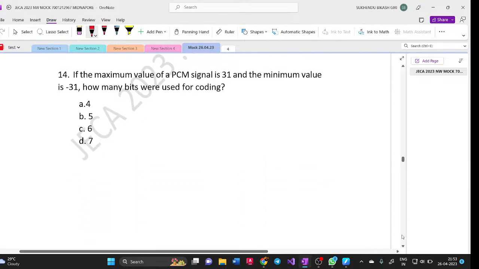Question number 14. The maximum value of a PCM signal is plus 31, the minimum value is minus 31. How many bits were used for encoding?